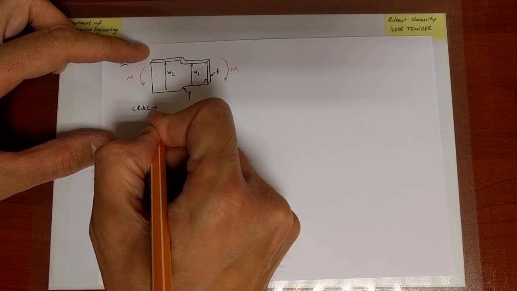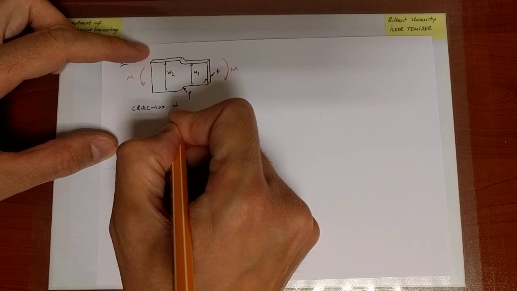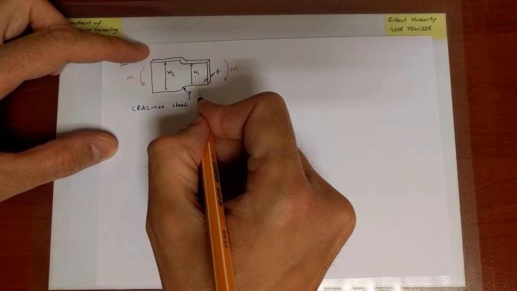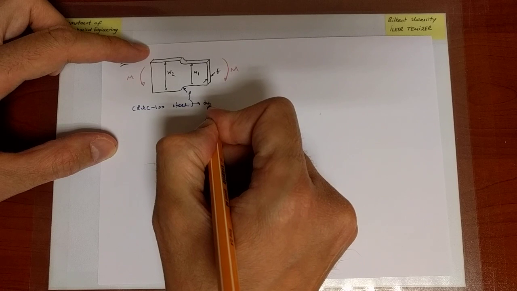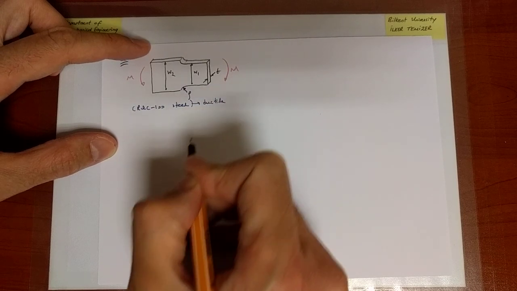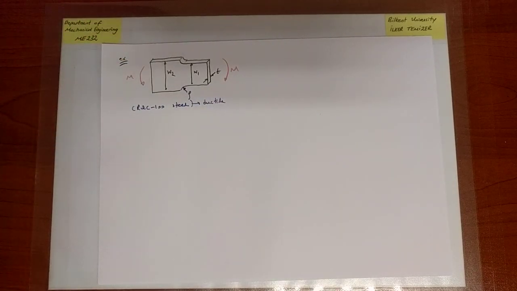Okay. So the material is given as RQC 100 steel, which is noted to be a ductile material. All right.